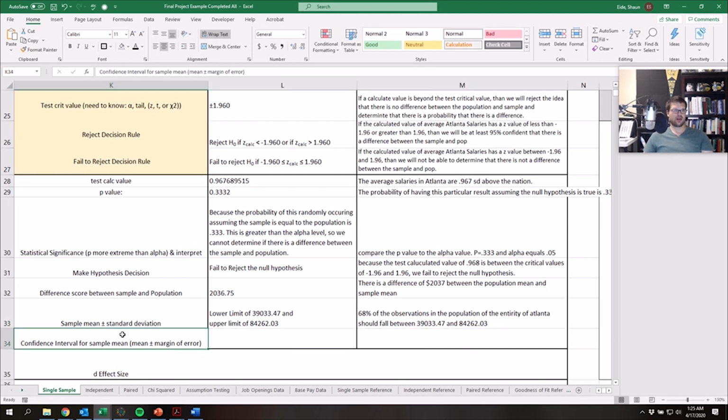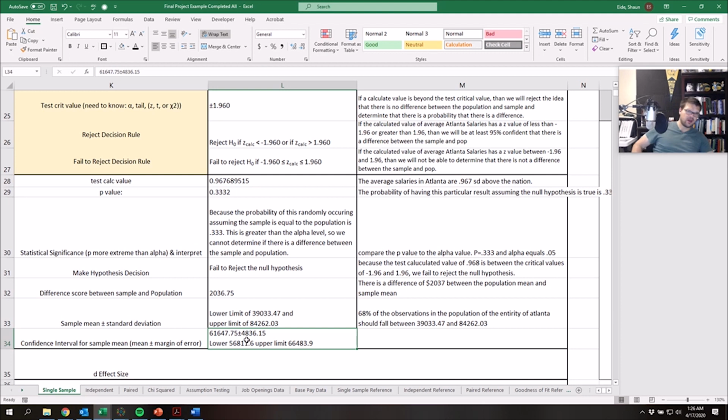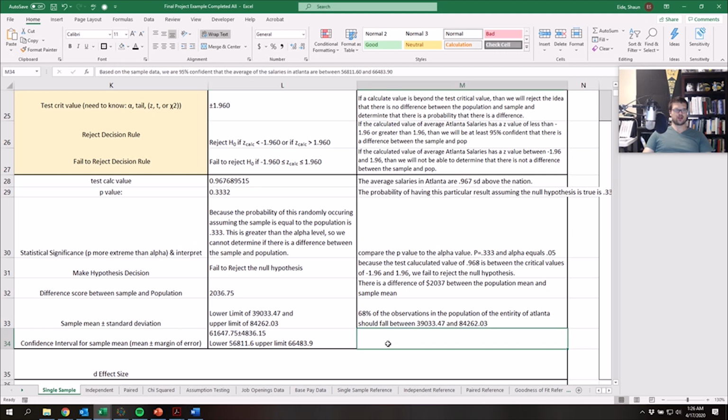Okay. And then last but not least, confidence interval for the sample mean, the mean plus or minus the margin of error. So we've got that right there. So it's 61,647 plus or minus 4,836. So the confidence interval for the sample mean is the mean plus or minus the margin of error.